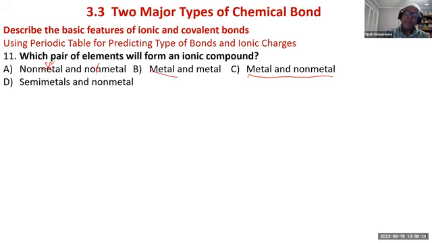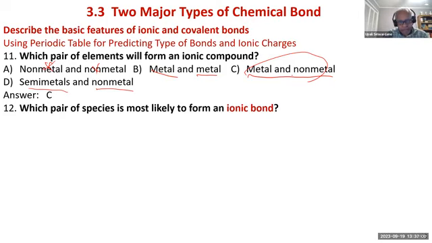Metal with metal makes a metallic bond. That's a different issue. Semi-metals are very close to non-metals. They are half non-metals, therefore they don't make ionic bonds. So the only pair of elements that form an ionic bond is metal and non-metal. Answer is C.